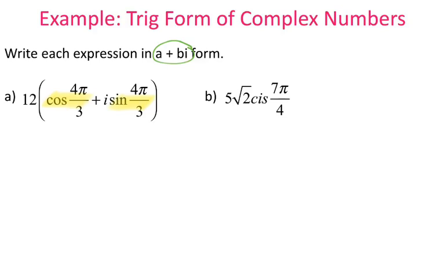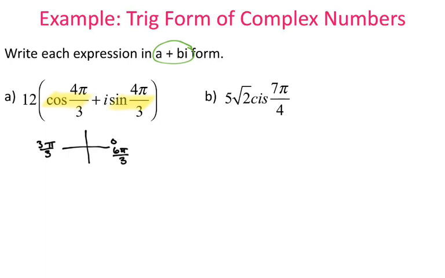So this is a nice little refresher on finding exact values of trig functions. The first thing I need to do is figure out where 4 pi over 3 is. So I'm going to graph it. In terms of radians, I have 0, pi, and 2 pi. But since this is in thirds, I'm going to write this as 3 pi over 3, and my 2 pi is the same thing as 6 pi over 3.